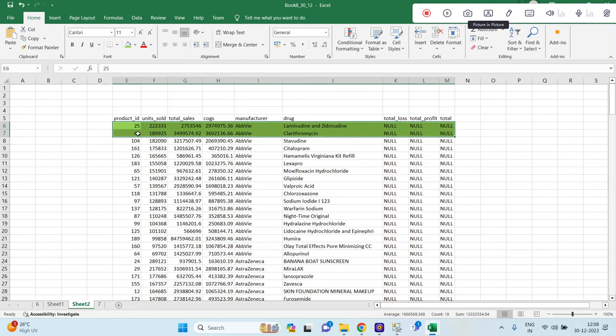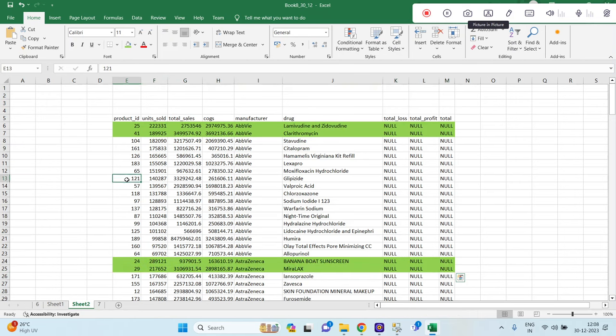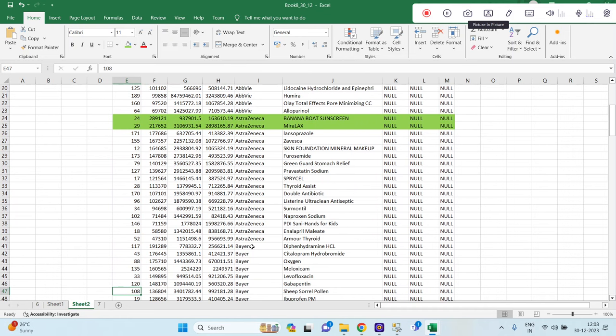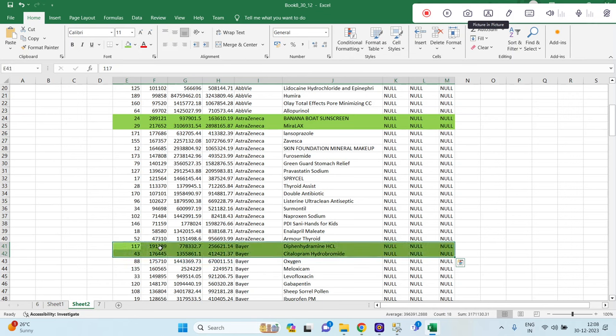Now top two for each manufacturer. So here again manufacturer will change, right? So again these three will become our requirement. Now again manufacturer will change. So these three will become our requirement. Why?